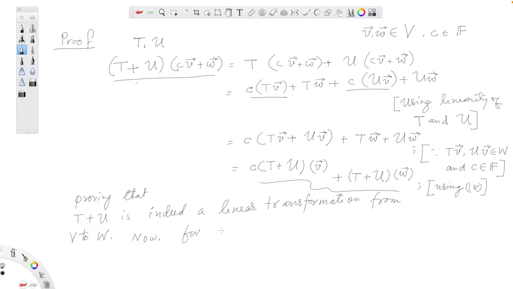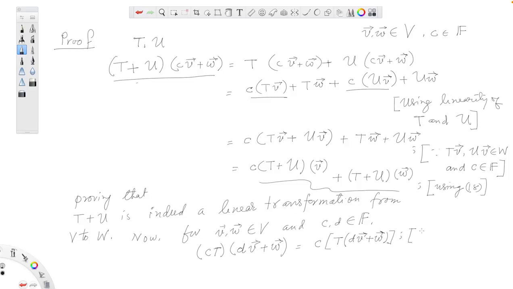Now for v and w in the vector space V and c and d in the field F, cT acting on this vector dv plus w is equal to c times T of dv plus w.